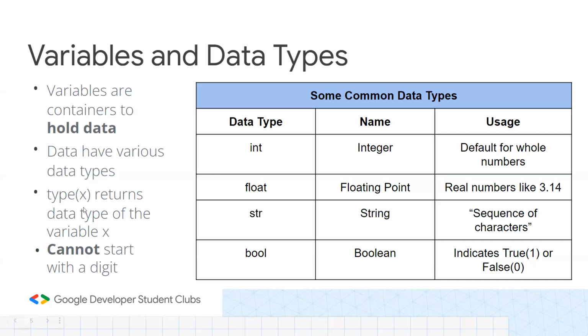You pass the variable as a parameter and it will return the actual data type of the variable. One thing to note is that when naming variables, the name cannot start with a digit. If you look at this chart, you can see the usage for the different data types, like integers and floats.